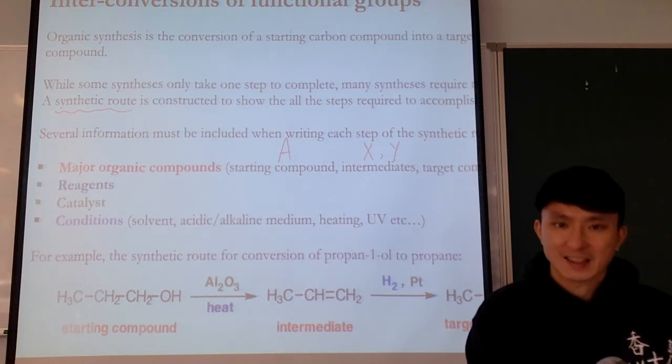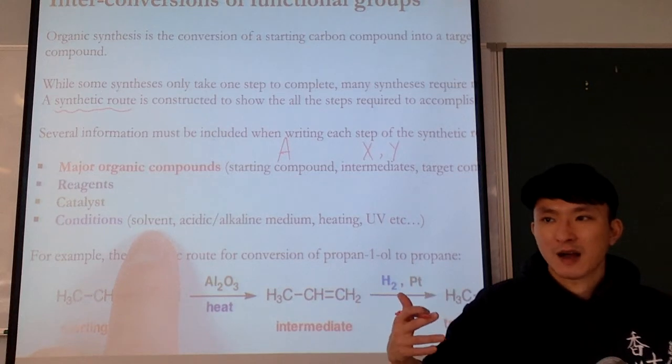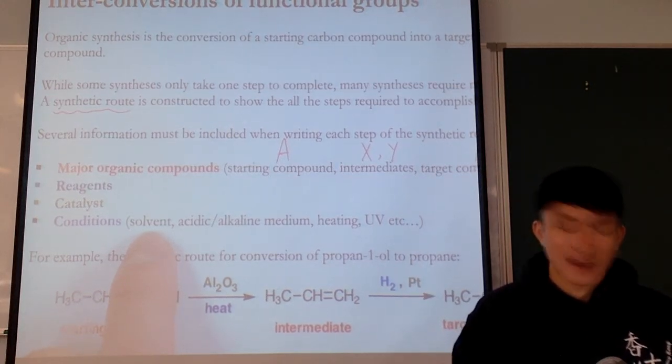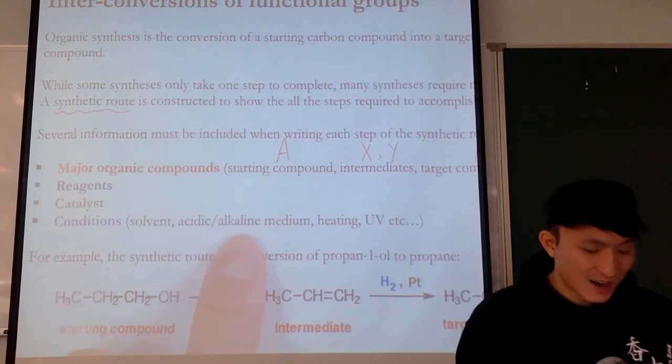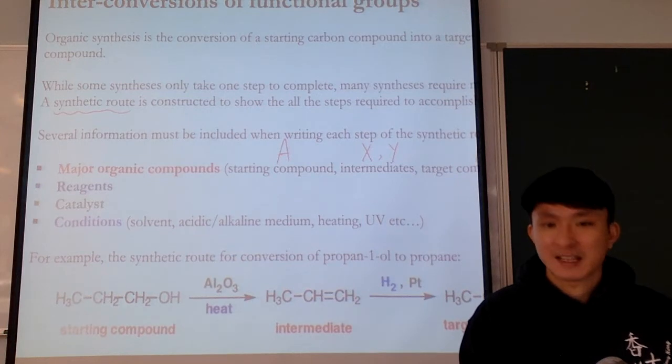This dry ether is the necessary solvent for performing the reduction reaction, so you need to specify it. Acidic or alkaline medium, the very common ones are potassium dichromate and potassium permanganate.